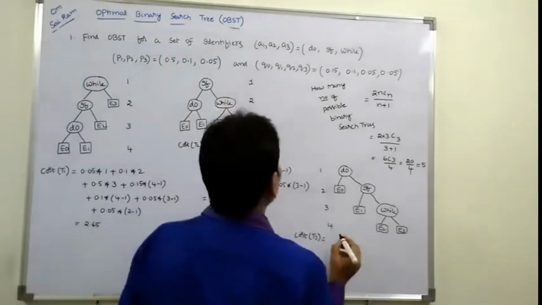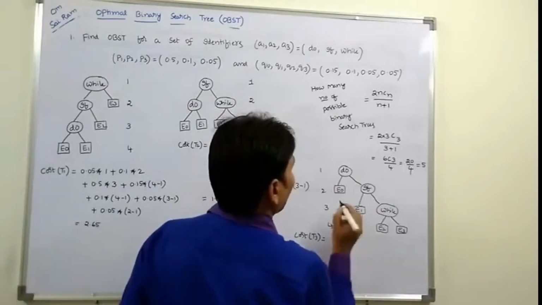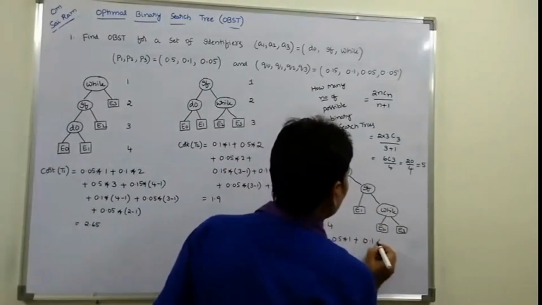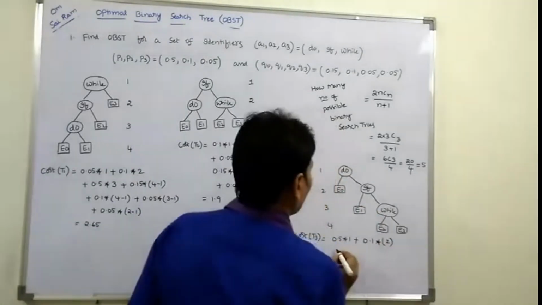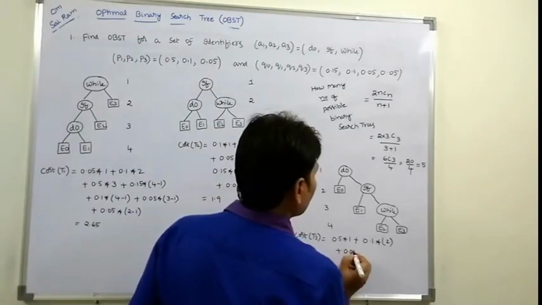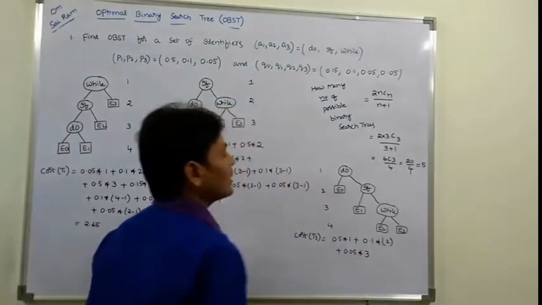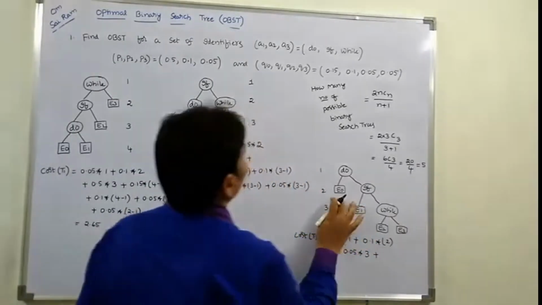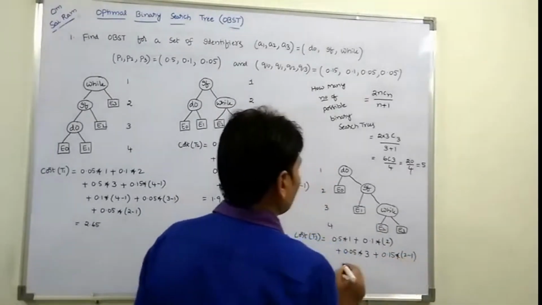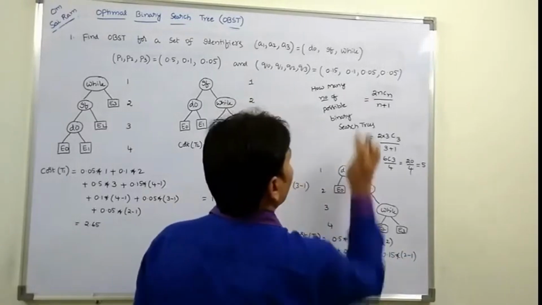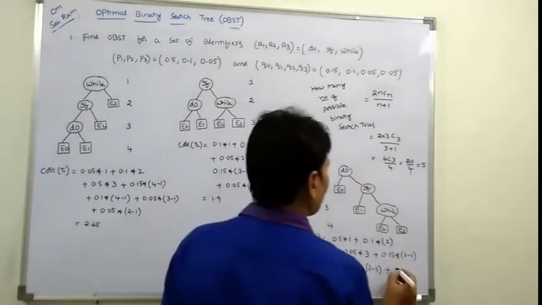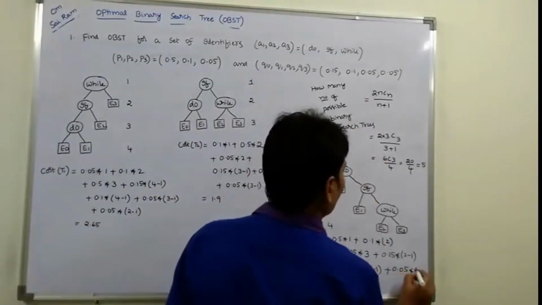First, do belongs to 0.5 is multiplied with level 1 plus next if belongs to 0.1 probability is multiplied with 2 plus while belongs to A3, its probability is 0.05 is multiplied with its level, that is 3 plus E0 probability is 0.15, it is at level 2, that is 2 minus 1 plus next probability is 0.1 is multiplied with 3 minus 1 plus next probability is 0.05 is multiplied with 4 minus 1.